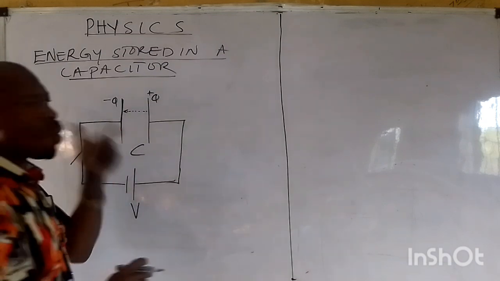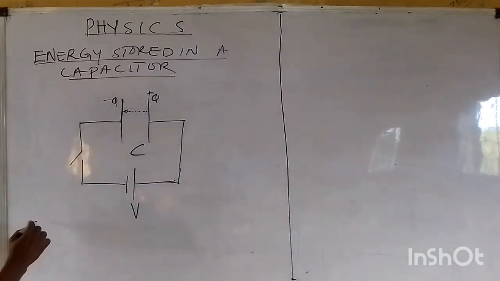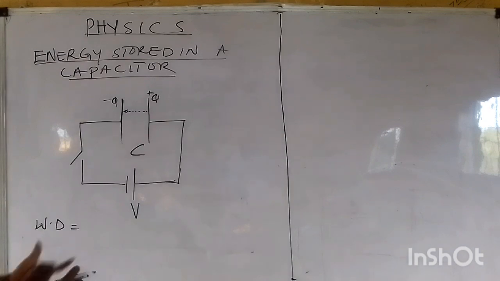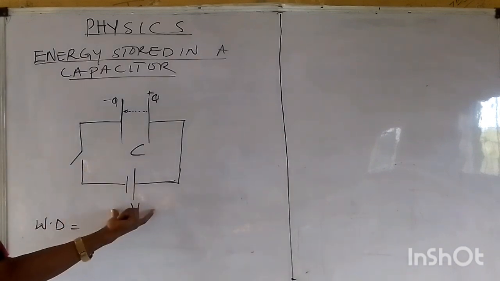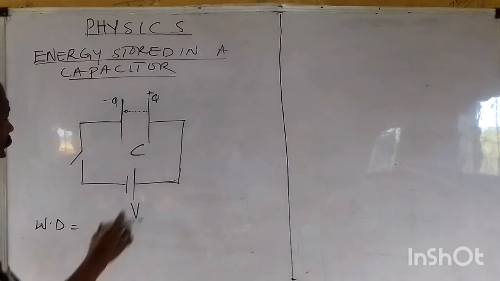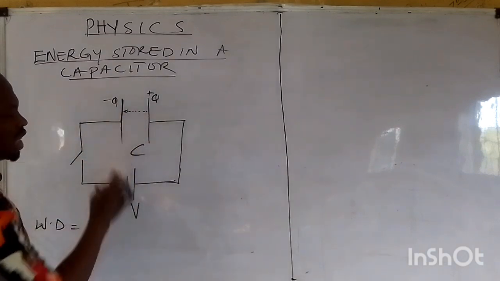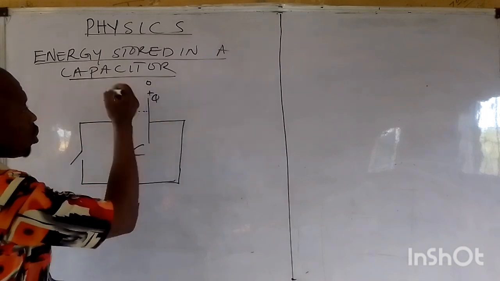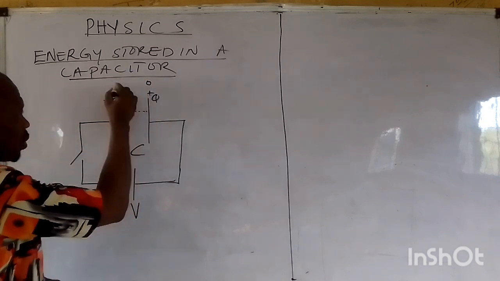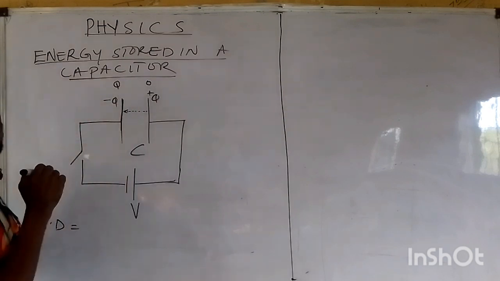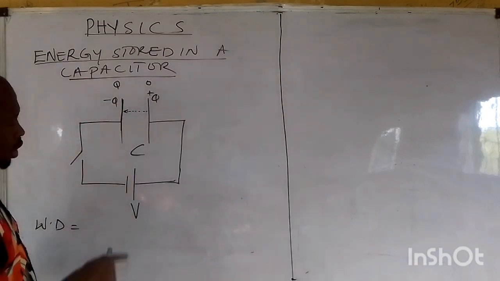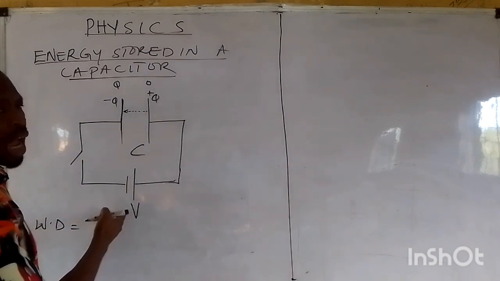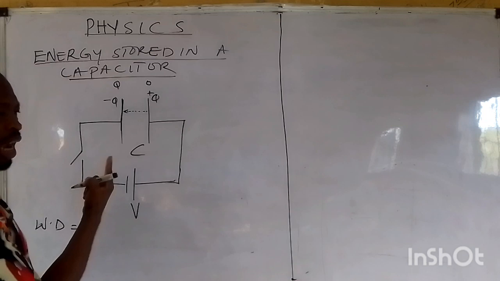Now, work done, in other words, we can say that work done is equal to the potential difference. Reason: before you start charging, charge will move from this one that is at 0 to this one now that has charge Q. And by so doing, potential difference will move from charged to uncharged.